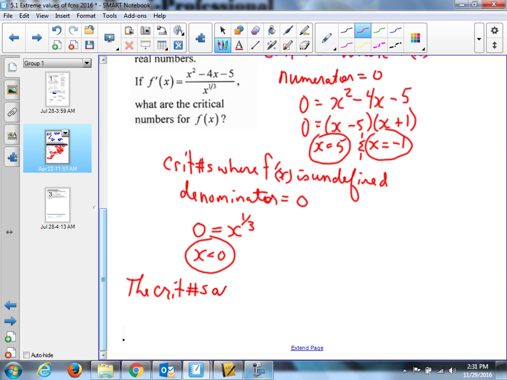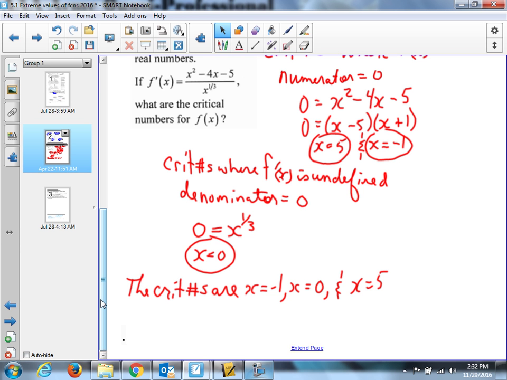The numbers are, I guess we could go from smallest, x equals -1, x equals 0, and x equals 5. Okay. I'm writing down x equals 0, even though it's not in the domain of the derivative, because that's a critical number.